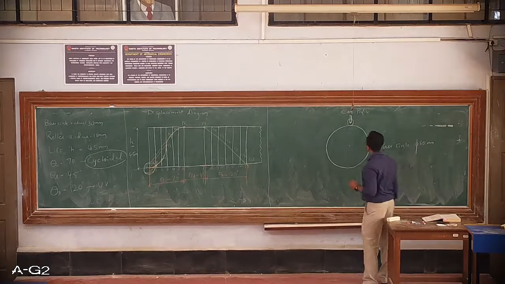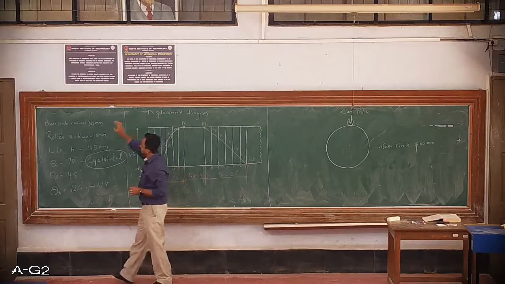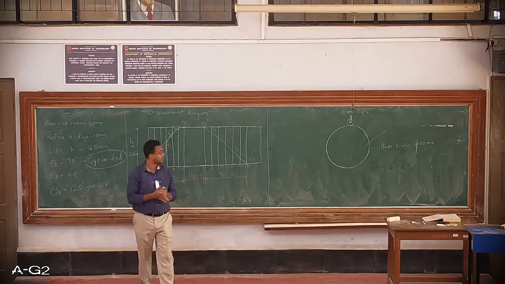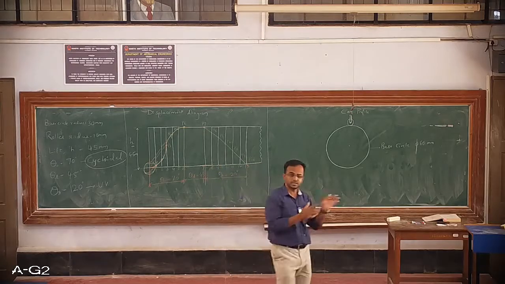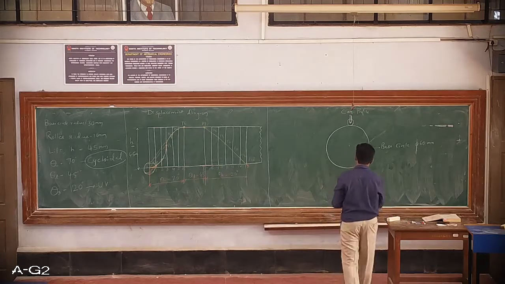This is the roller follower that I have drawn, and for that roller the dimension is given that it has a radius of 10 mm. So I have drawn a circle whose radius is 10 mm at the top, that is the initial position of the follower.